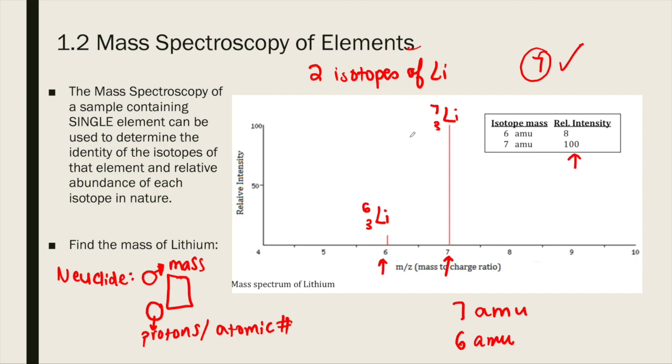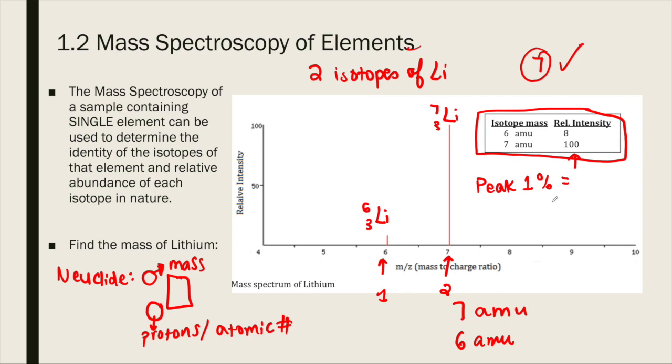Now, if I say calculate the average atomic mass of this element just based on this data, how would you do that? We can do this by this table right here. We say that this is peak 1 and this is peak 2. So for peak 1 percent, how do we calculate percent?